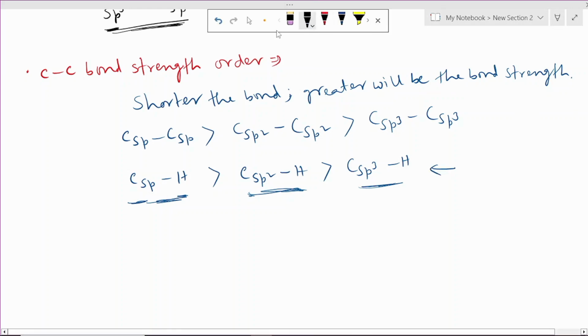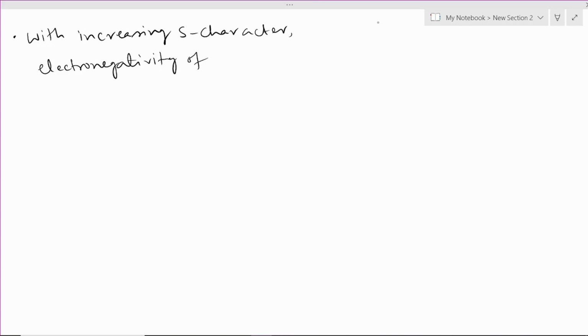Next point is, with increasing s character, the electronegativity of the atom involved in hybridization increases.